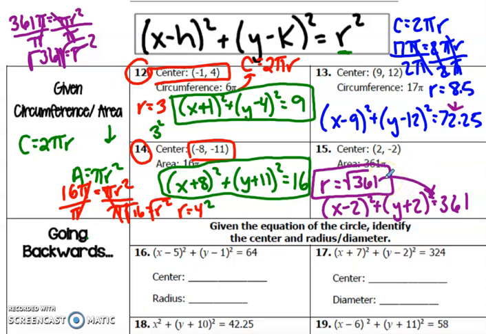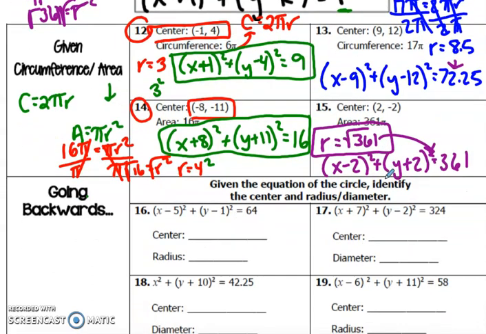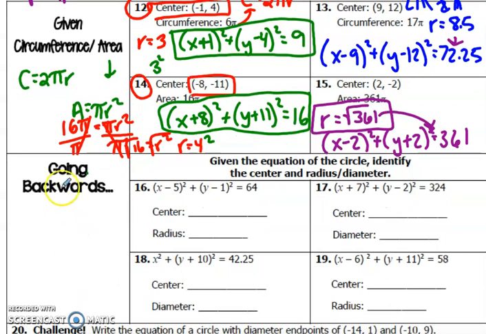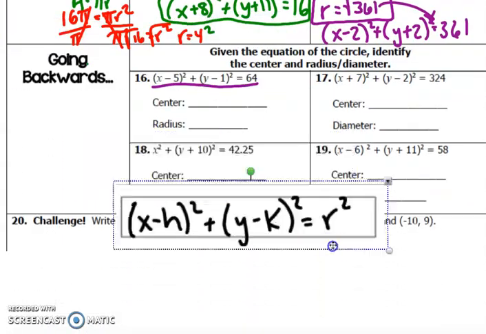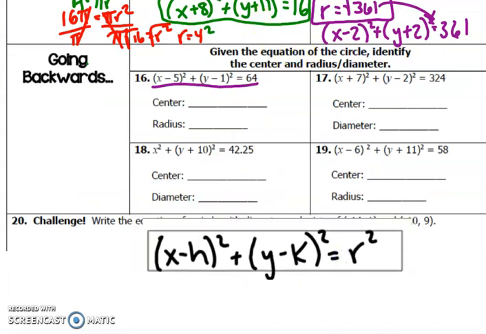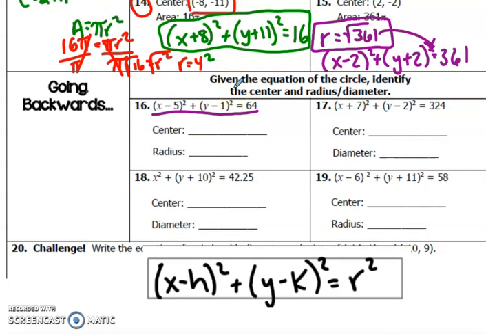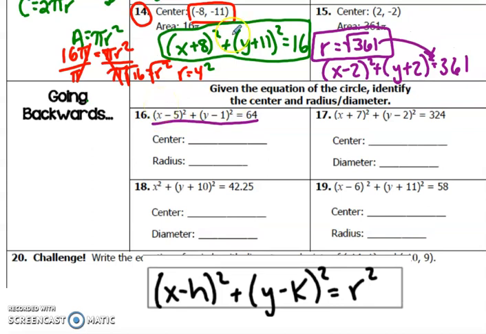All right, the next part is not bad at all. So we're going backwards, meaning, hey, here is the equation, and now you are going to figure out the information. Let me copy and paste our formula real quick to help us out down here. Similar to when your center was negative and then in the equation it was positive, your signs are going to change.